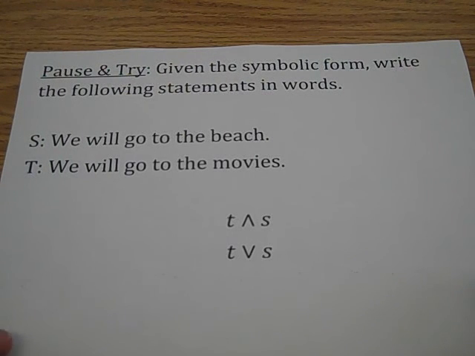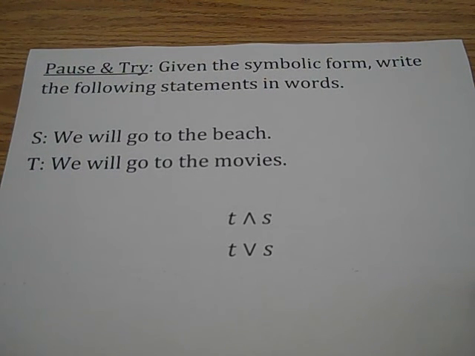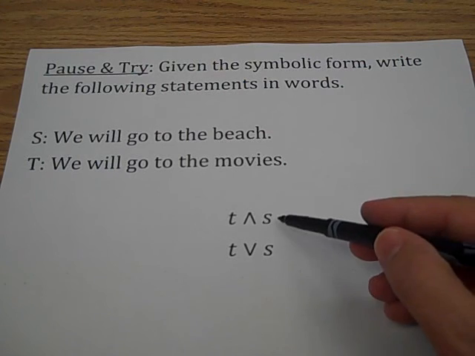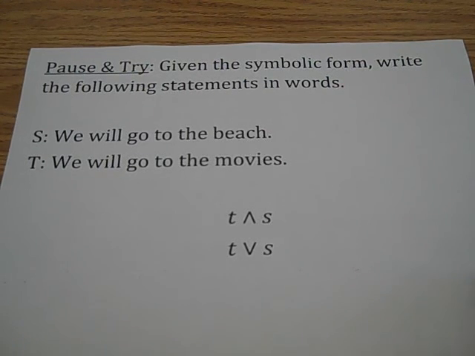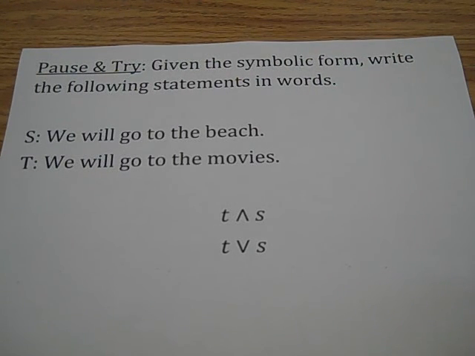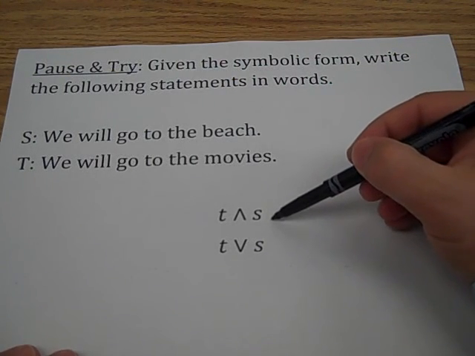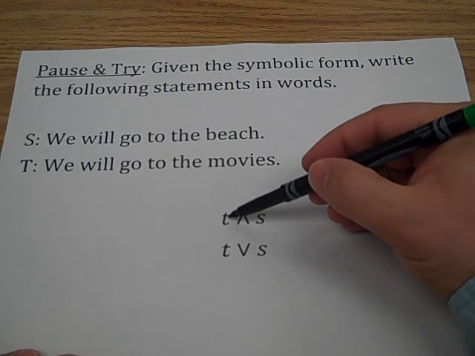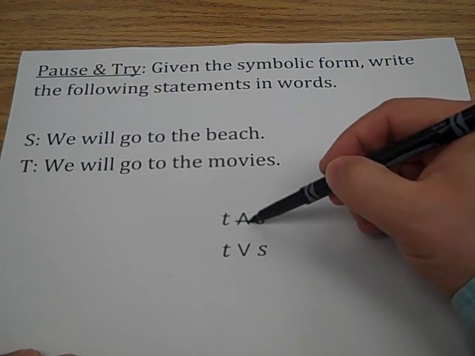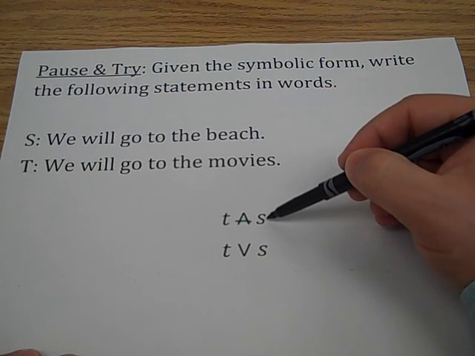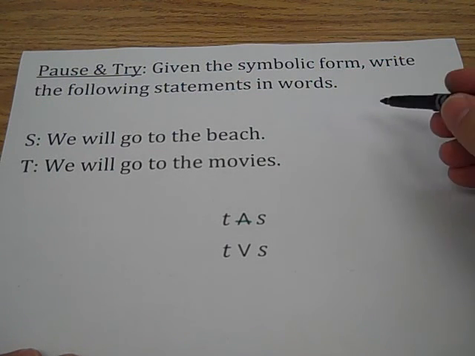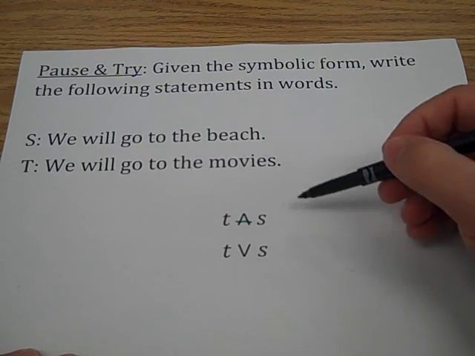So go ahead and pause here, use S and T, and write these symbolic statements in words. So this first one, I start with T. This means and then I finish with S. So I'll spare you watching me write, and I'll say these in words.